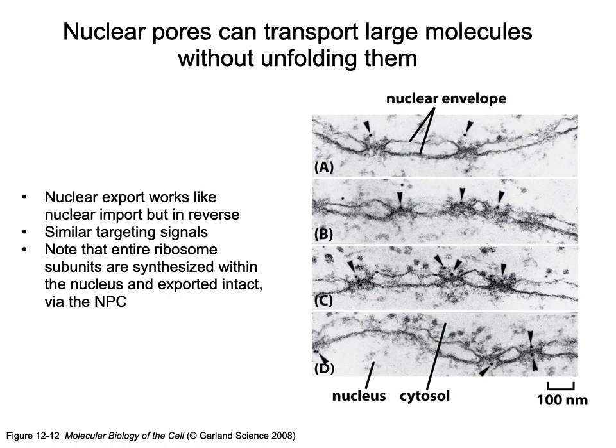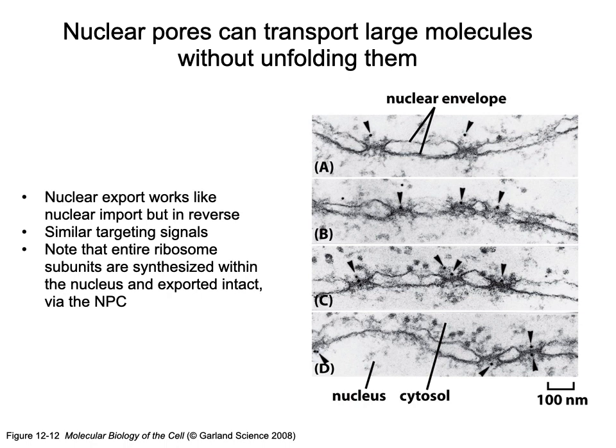Large molecules can be transported across the nuclear pore without having to unfold them. In this electron micrograph, where the arrows are pointing, these are larger molecules being transported in. They get caught by those fibrils, and then they move through the pore.